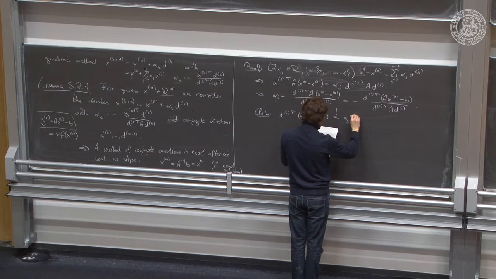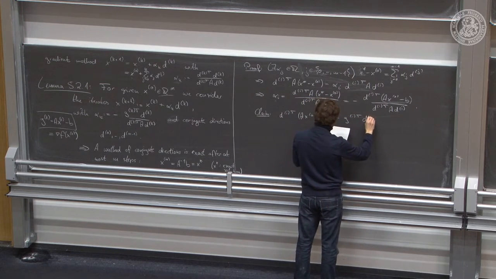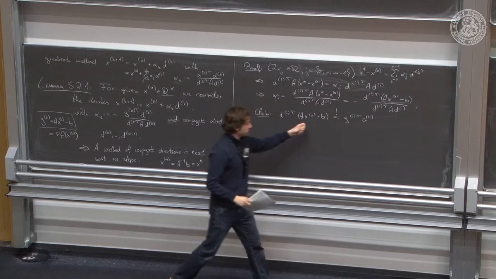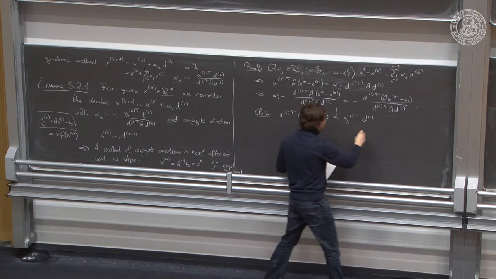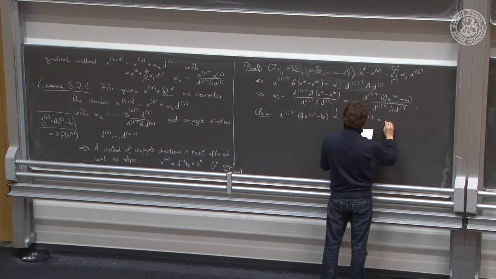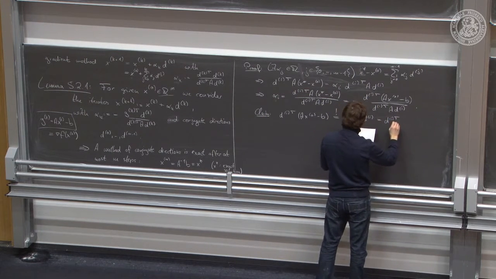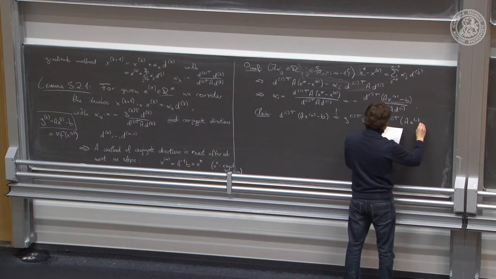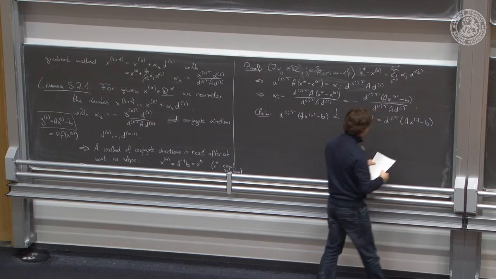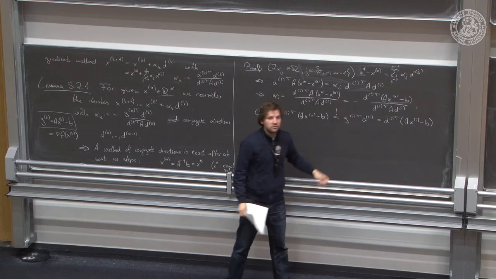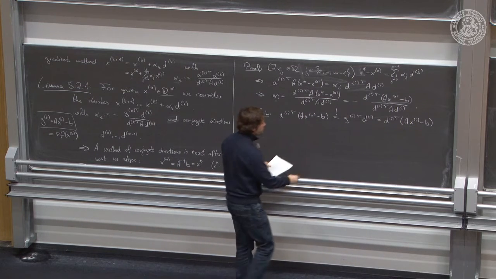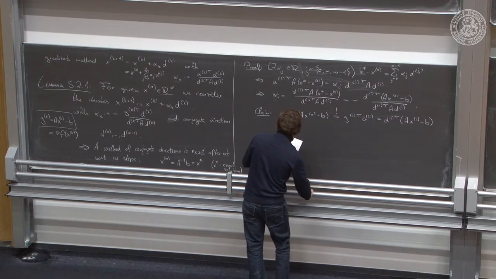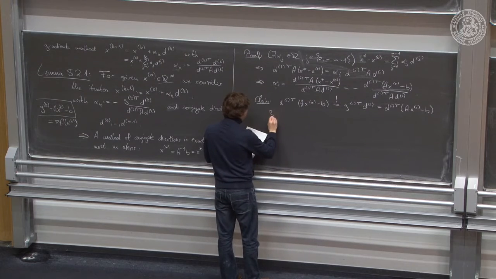that g_i transpose d_i, this equality. But g_i transpose d_i is nothing but, due to the definition of g_i, (A x_i minus b) transposed with d_i. This is only the definition of g_i.